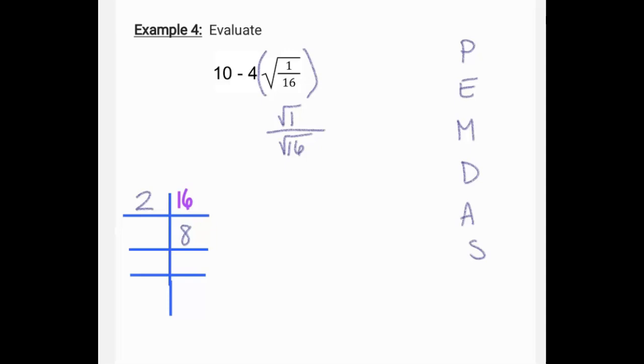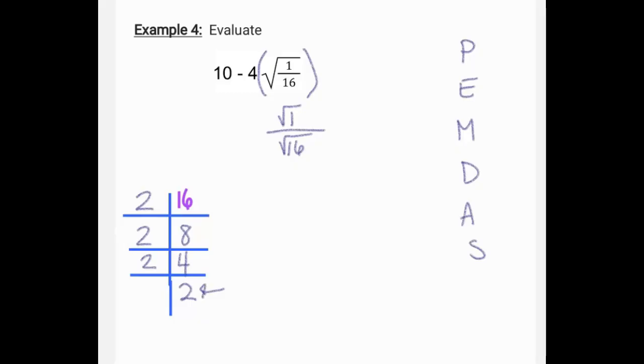What would go into 8? 2. 2 goes into 8 4 times. And is 4 a prime number? It is not. So we're going to do another round of 2. 2 goes into 4 2 times. Is 2 a prime number? It is. So right here we can stop because that is a prime number.